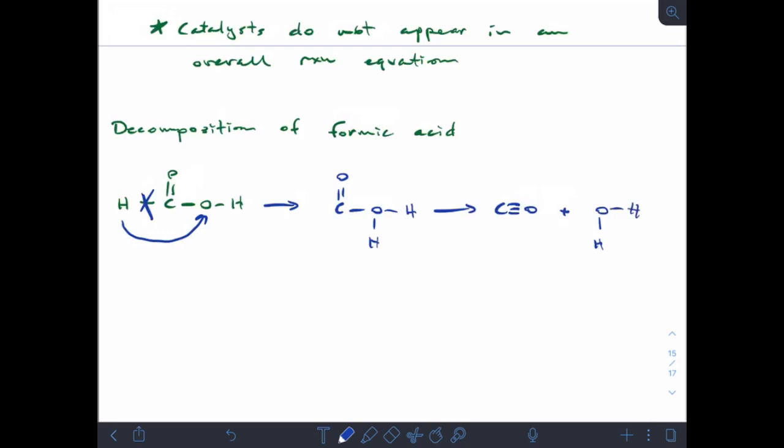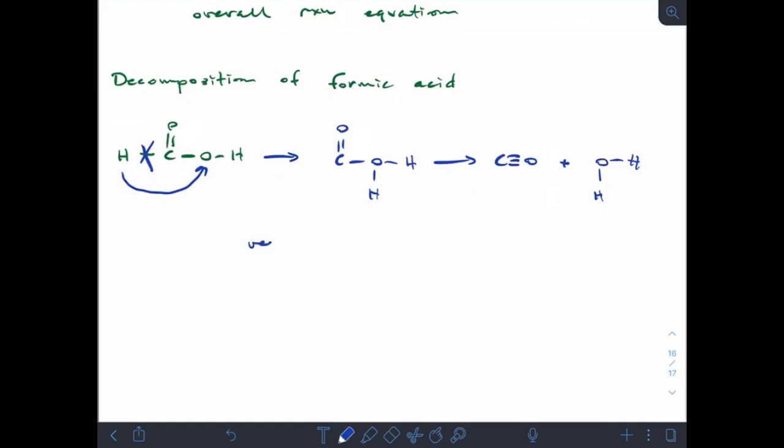Okay, so this is very slow. It takes a lot of energy to break that hydrogen bond and move it over.